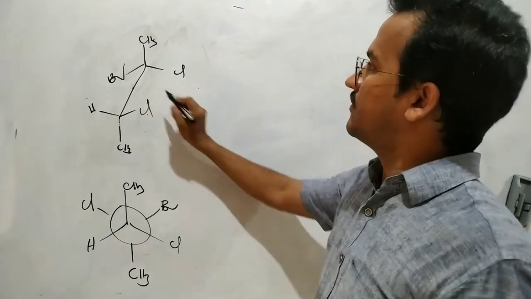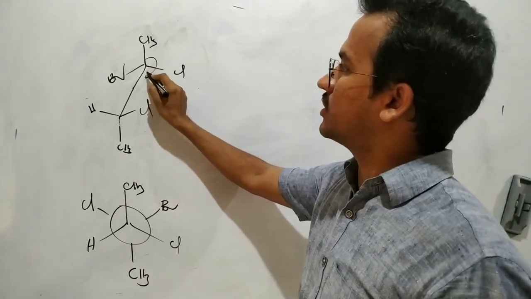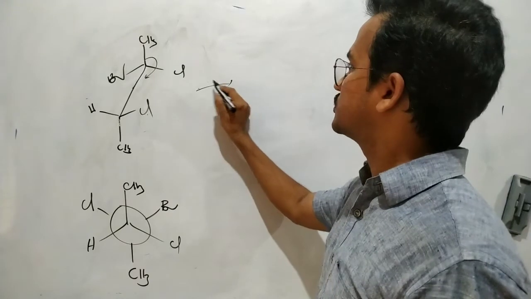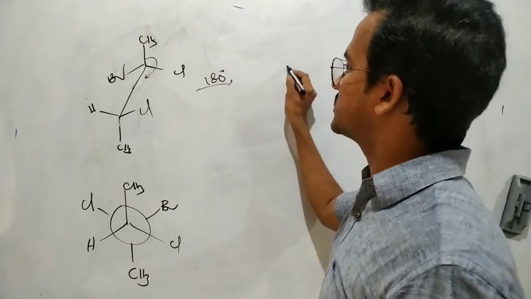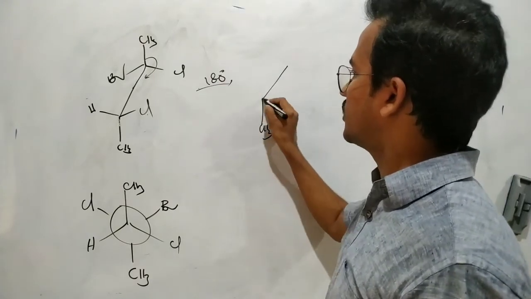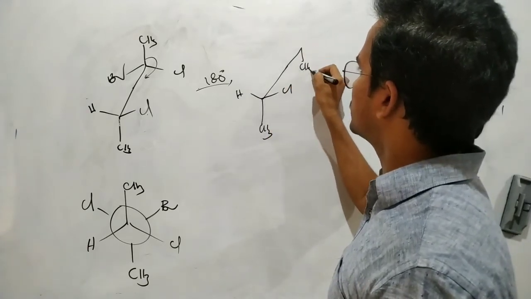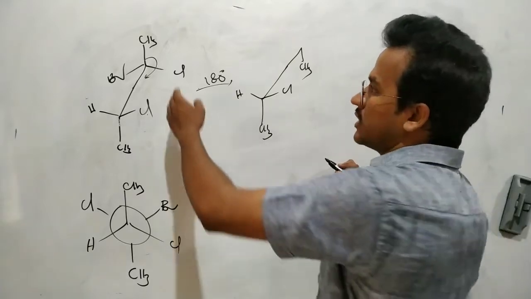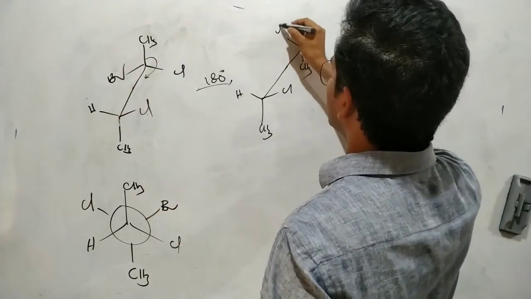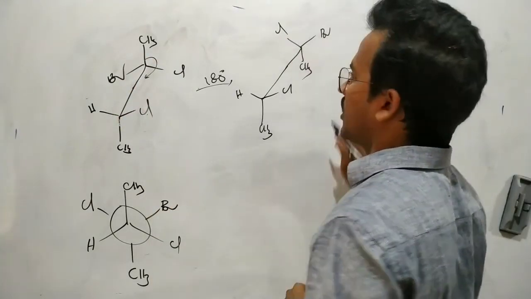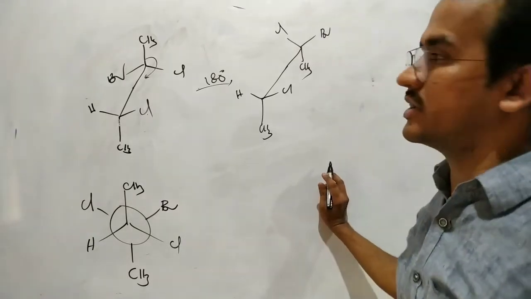So rotate this one about the bond 180 degrees. By rotating 180 degrees, the CH3 goes downward, here hydrogen, chlorine. Now the CH3 comes to the downward direction and here chlorine is exactly opposite and this bromine exactly opposite, because it is rotated 180 degrees.